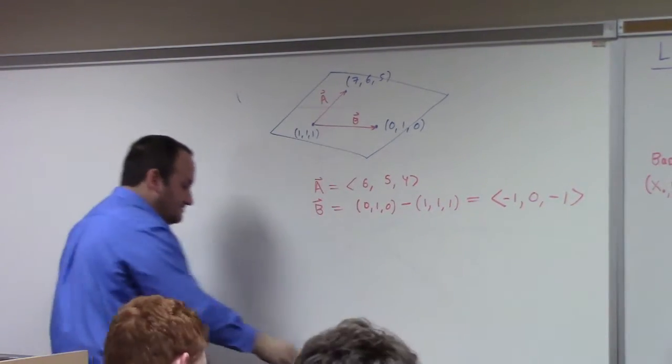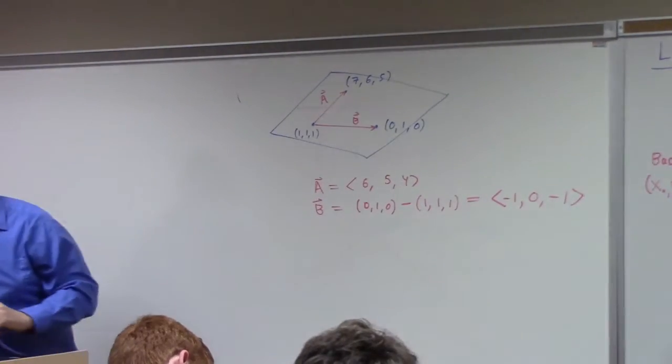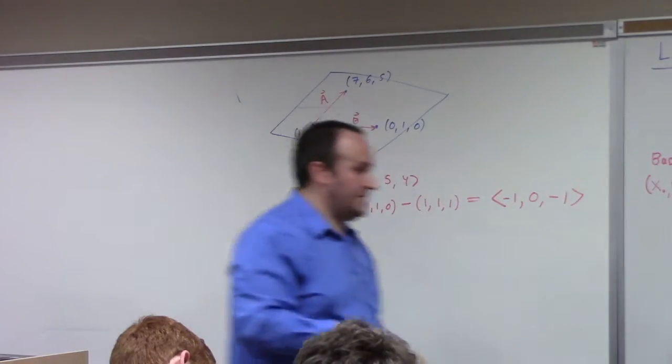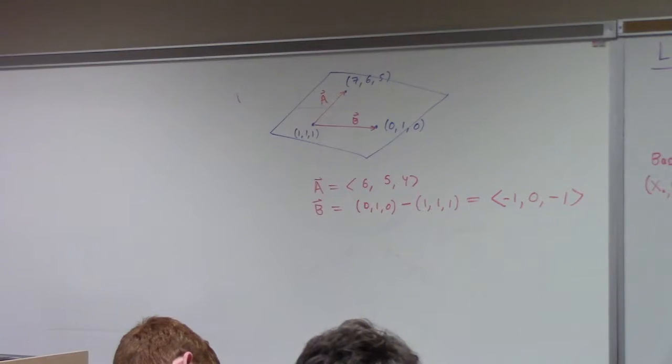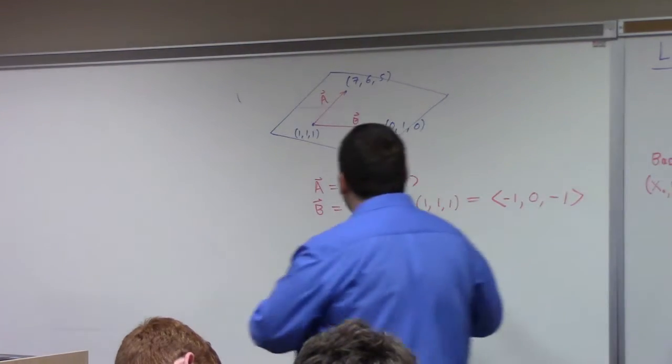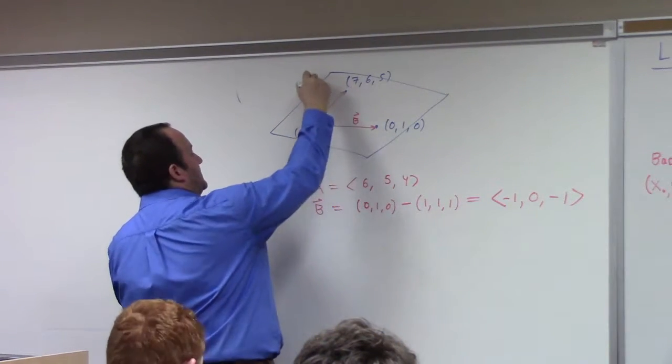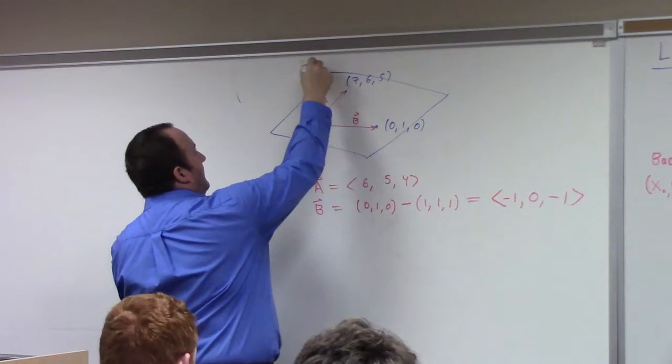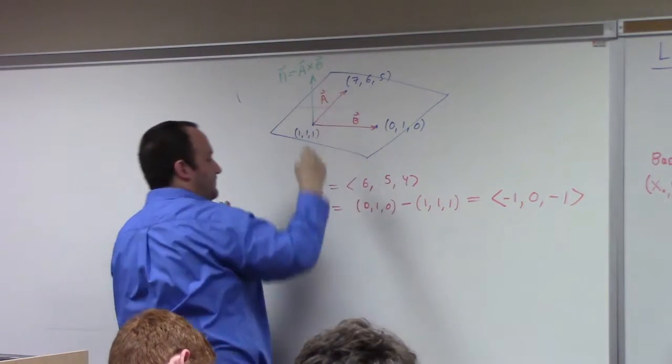Then to find the normal, well, our friend the cross product helps us out here. So we just have to calculate the cross product of A and B, which admittedly is a bit of a hassle, but we can do it. We're going to use that for our normal.